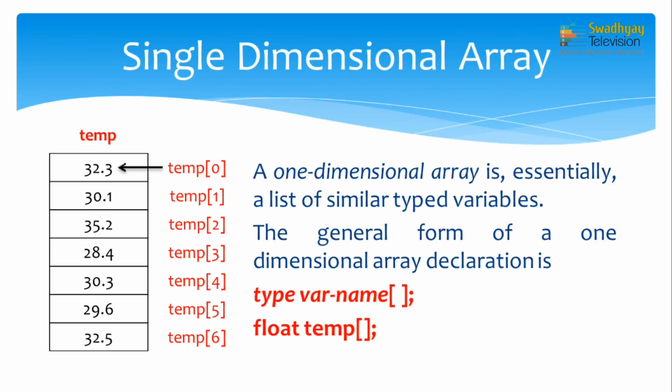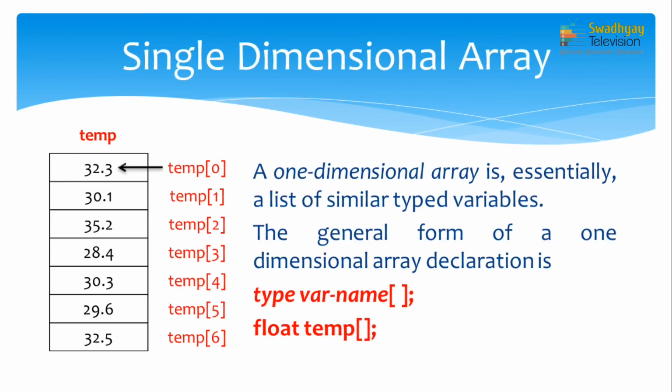So, float temp and empty brackets designate temp as an array of type float, and you can see on screen we have 7 elements stored inside this array variable. Now, assume that these are the temperatures of weekdays taken at a particular time for analysis purposes. So, this kind of information is a single dimensional array.